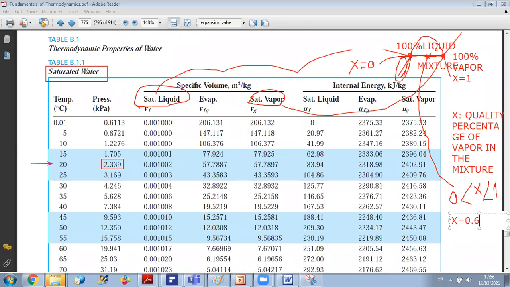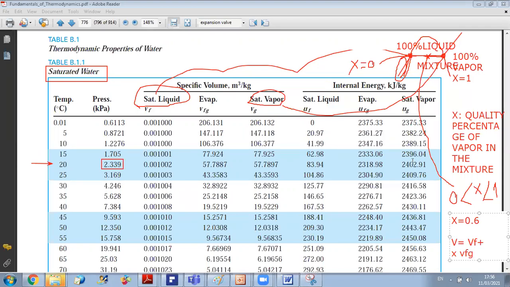So if X equals 0.6, the specific volume at this point will be equal to VF, the specific volume at saturated liquid, plus X times VFG. I will tell you what VFG is.